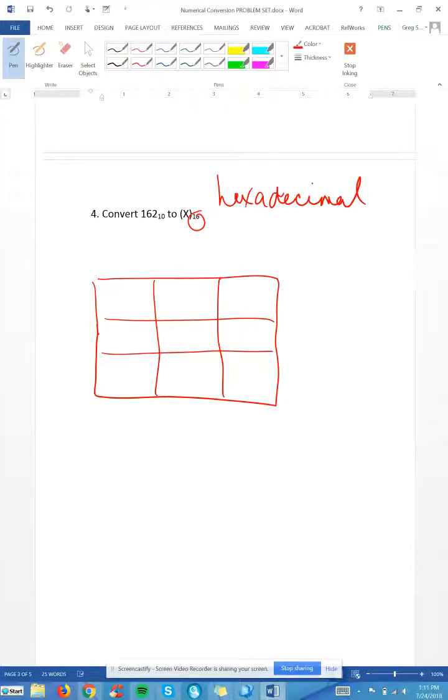Now, since we're converting to base 16, we're going to have powers of 16. So 16 to the 0, 16 to the 1, 16 to the 2. You'll understand why I'm doing it this way in a moment, but when you're converting from decimal to an arbitrary base, there's really no way to tell how big to make the chart.